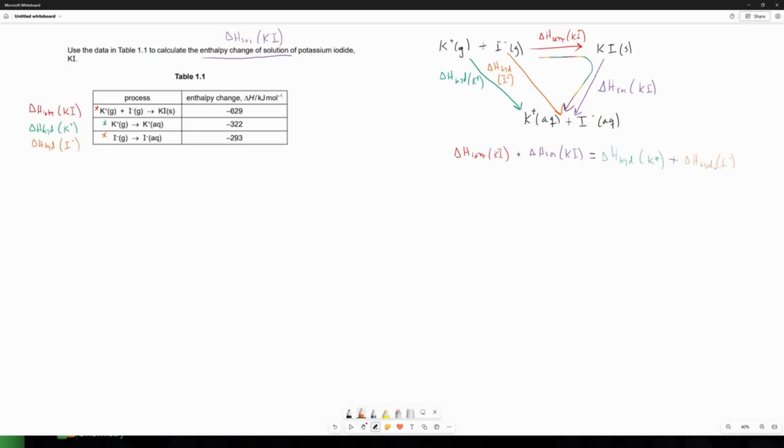So that's our equation. Now, the question specifically asks us for the enthalpy change of solution. So all we have to do here is rearrange this equation so that we isolate the enthalpy change of solution.